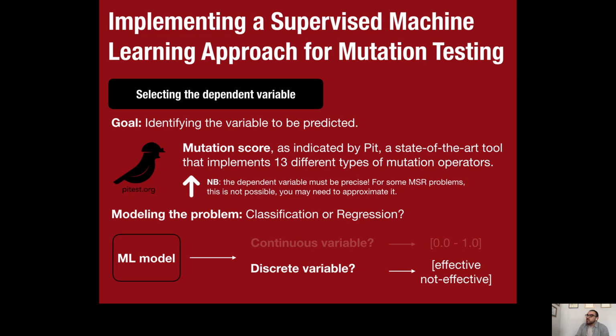In our particular case, we decided to model the problem as a discrete variable. This is because predicting the exact mutation score is, of course, much more complicated and much more fine-grained with respect to modeling the problem as a classification problem.